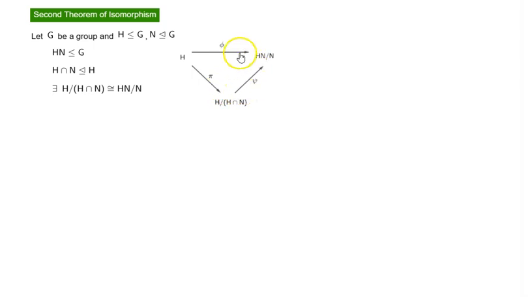Diagrammatically, this is what it means. H is a subgroup of G, N is a normal subgroup of G, HN is a subgroup of G, H intersection N is a normal subgroup of H, then this isomorphism exists.